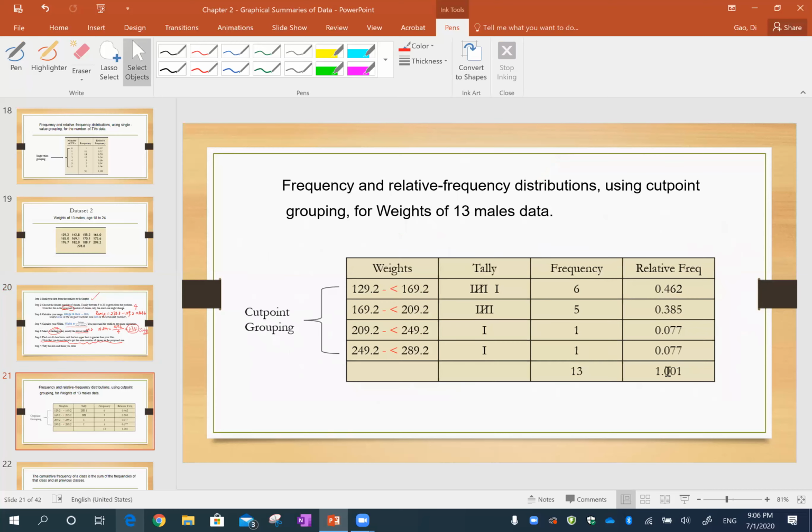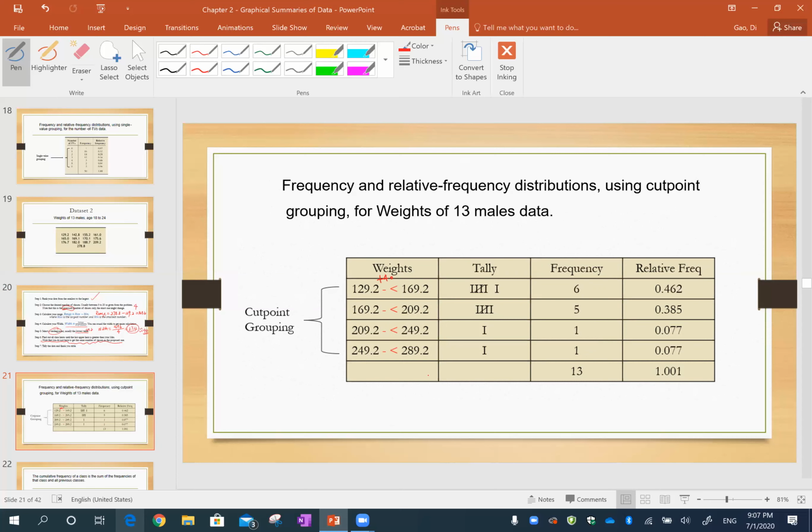So now let's see this result. We start with 129.2, and since we calculated our width as 40, here we plus 40 to make the upper limit for the first class 169.2. Then the second class starts from 169.2, and the upper limit is plus 40 again, so that's 209.2, and so on and so forth.